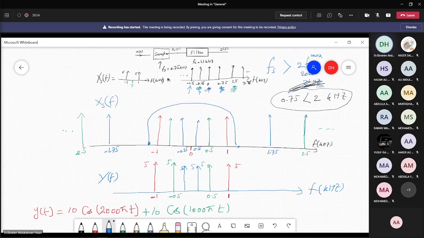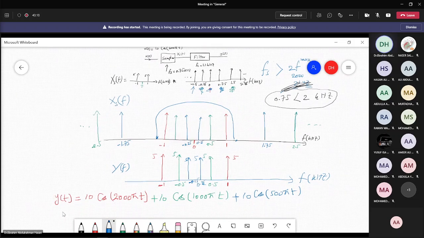Again, 5, 5, this is at 0.25 and minus 0.25. So plus 2 multiplied by 5, 10 cosine 2 pi multiplied by 250, so it is 500 pi t.